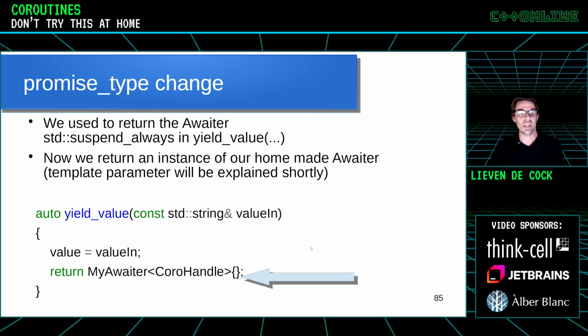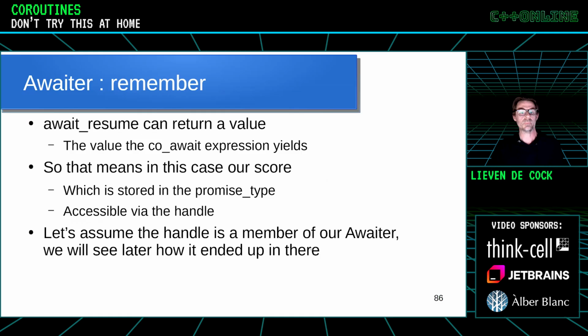Okay, what would that need to do? Await resume can return a value. And that's the value that co-yield and that co-await expression yields. So that means in our case, we already were able to get that score value in a promise type. And if we have a handle, we are able to get to it.